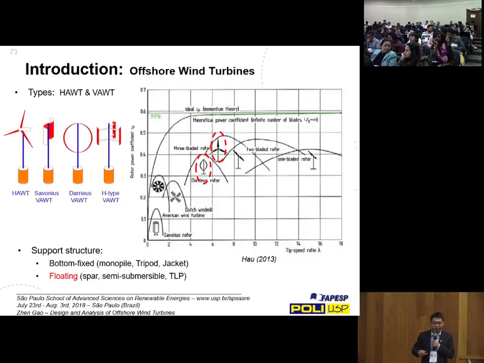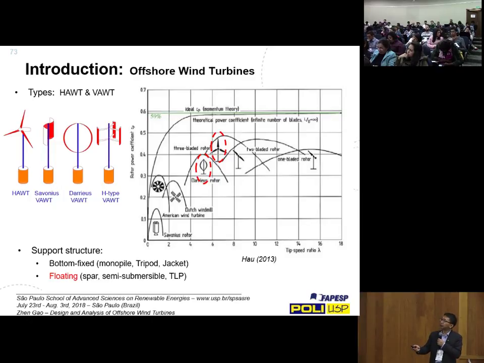Later we will show that when the vertical axis wind turbine rotates, the angle of attack changes from 0 to 360 degrees. So you have a big variation in lift and drag force, and then bigger variation in thrust and power. And then we consider similar support structures for bottom-fixed and floating ones.